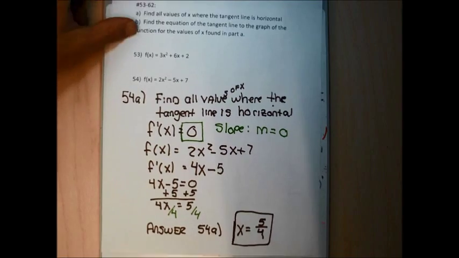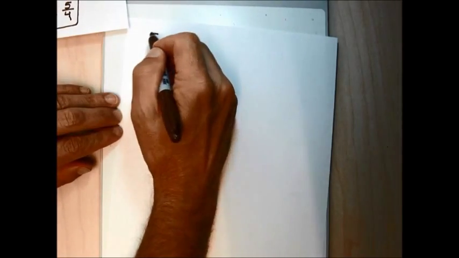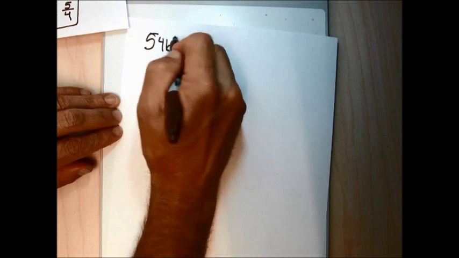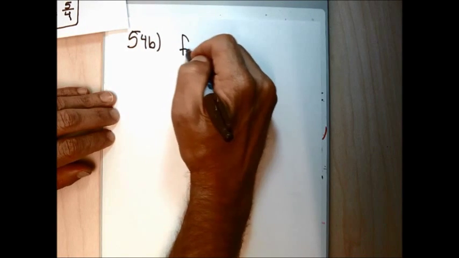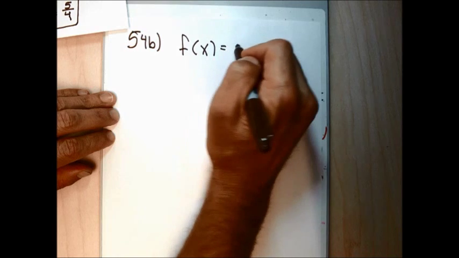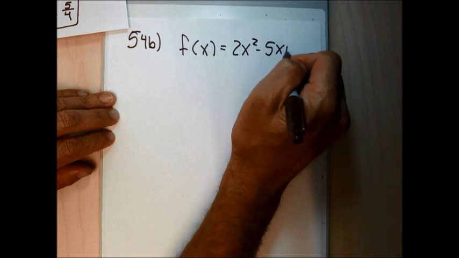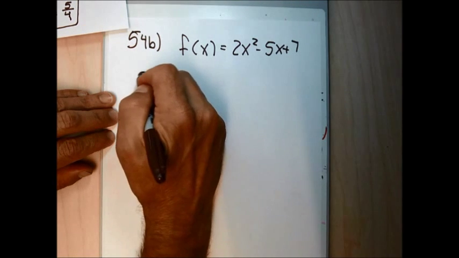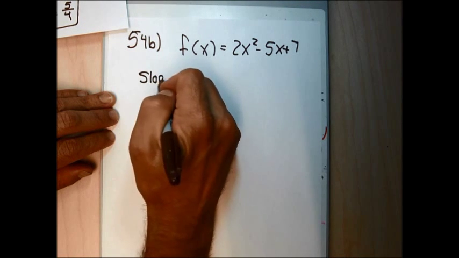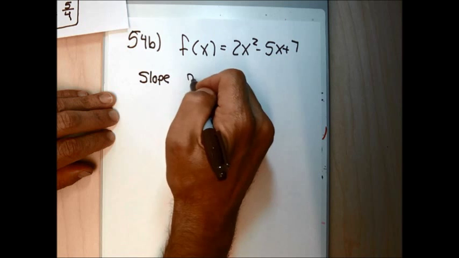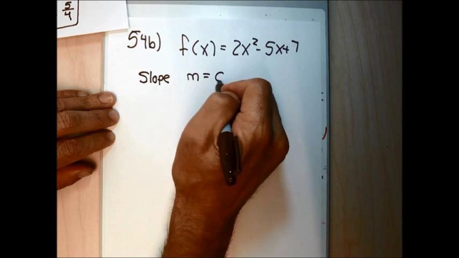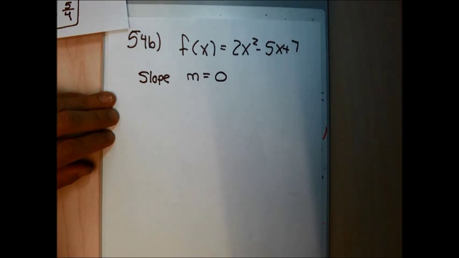So when I move down to part B of 54, we just write down the original equation again. So for 54 part B, the original function was f of x equals 2x squared minus 5x plus 7. I know that the slope of my line is 0, because the number that I set the derivative equal to is the slope of the tangent line for that value of x.